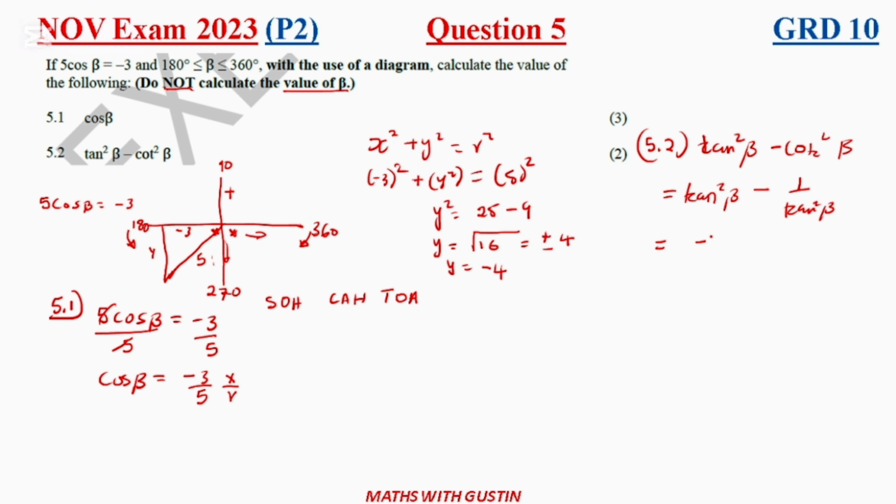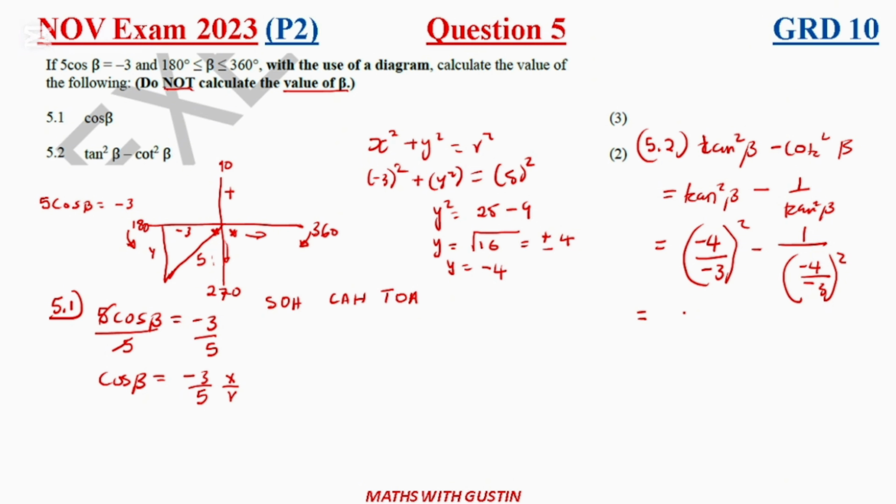Opposite is minus 4 over adjacent, which is our x value, minus 3. So everything needs to be squared, minus 1 all over the same thing, minus 4 over minus 3 all squared. Now we can go directly into our calculator and punch this.